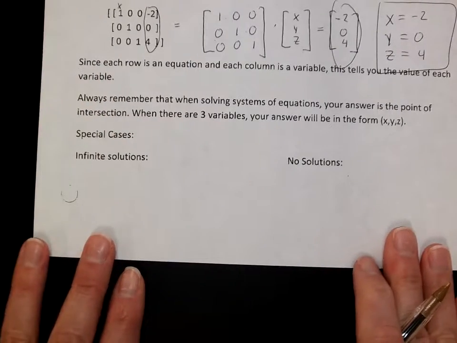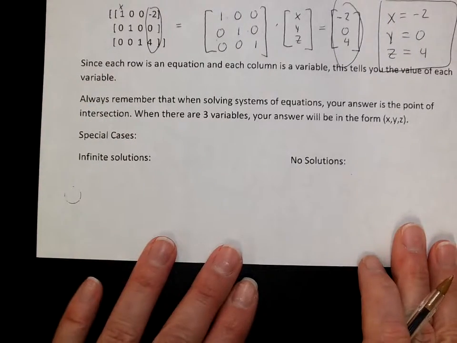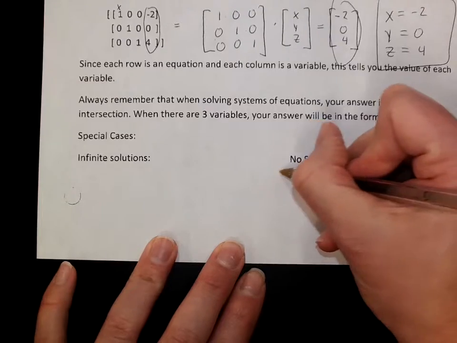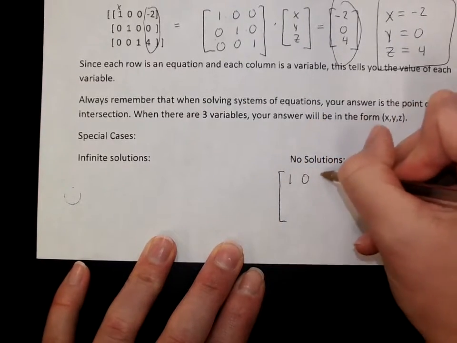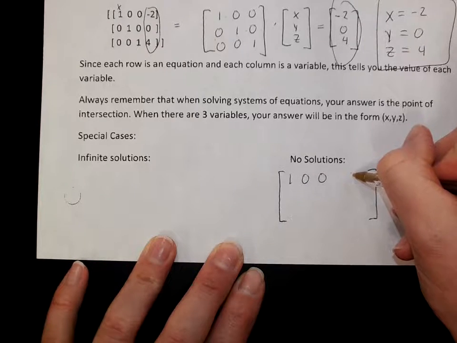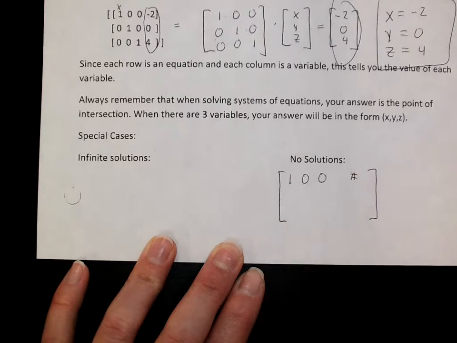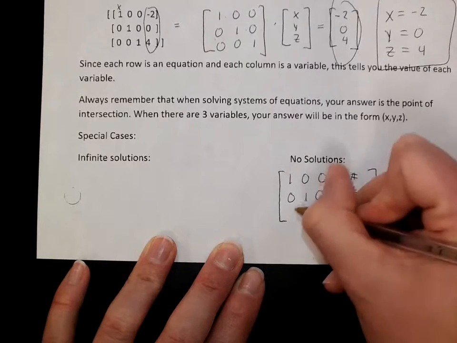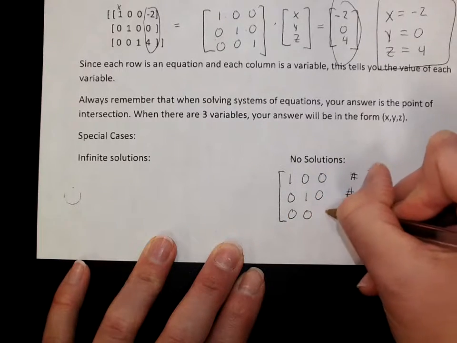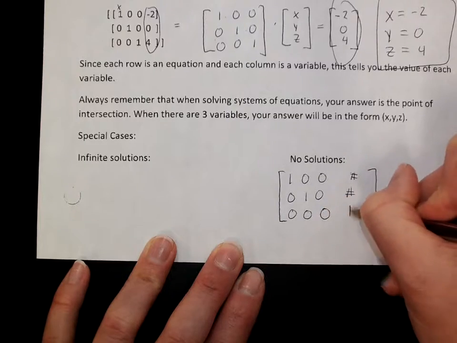So 2 special cases. We do have infinite solutions and we have no solutions. On a no solution case, again, it's going to start off very much the same. This could be any number. Sometimes it's a 0. It just kind of depends. You might even get a number here. But on the very bottom, you'll get 3 zeros and a 1.